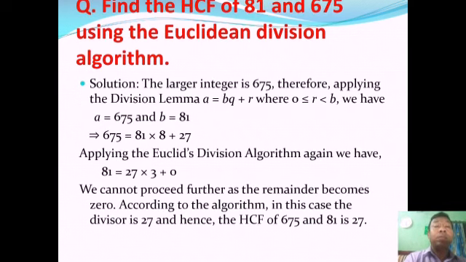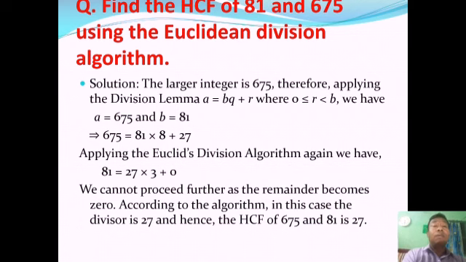Let us take another example. Find the HCF of 81 and 675 using Euclid division algorithm. Here, 675 is greater than 81, so we will take A equal to 675 and B equal to 81. Applying Euclid division lemma, we have 675 equal to 81 into 8 plus 27.